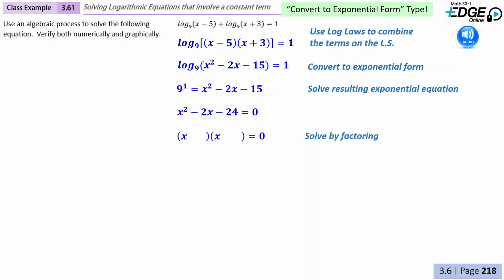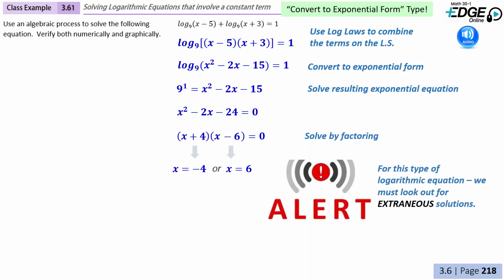And then factor. So I need numbers that multiply to negative 24 and add to negative 2. So our answers here are x is equal to negative 4 and x is equal to 6.